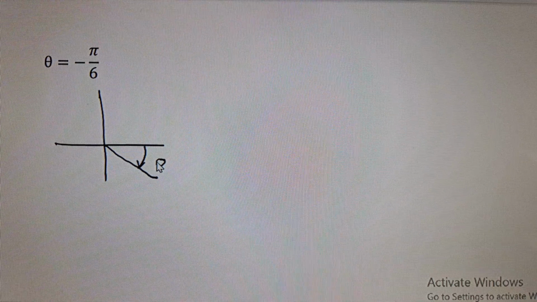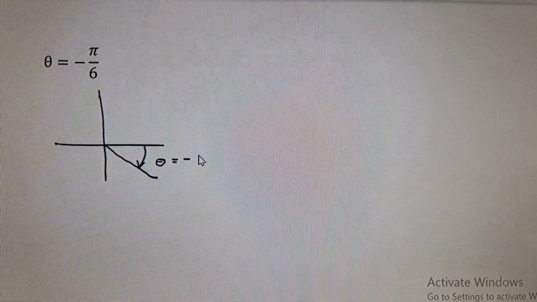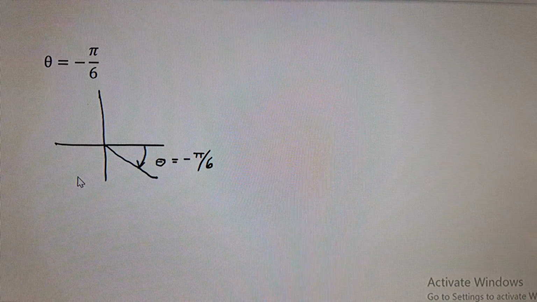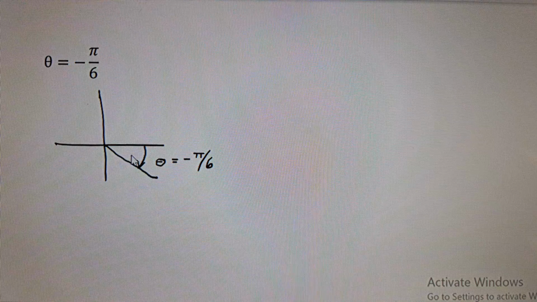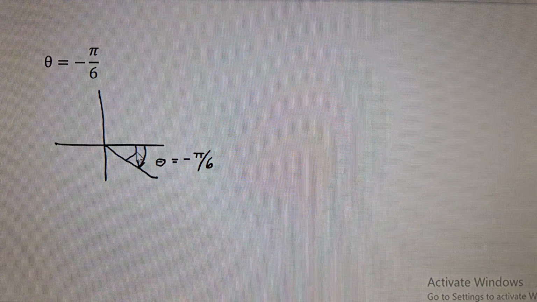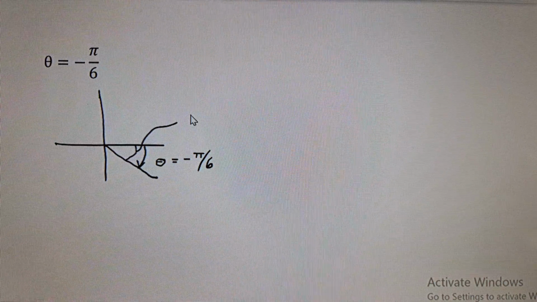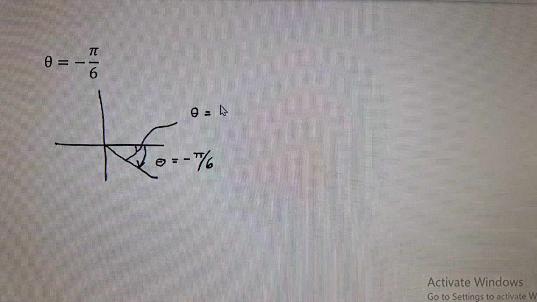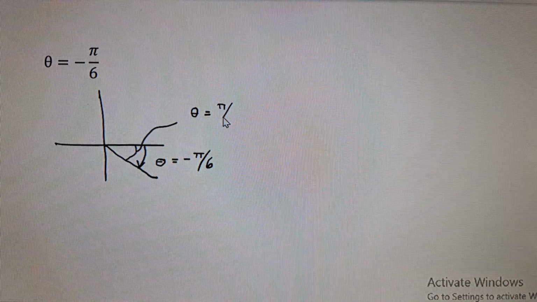Theta is equal to minus pi over 6. Well, what's the reference angle? The reference angle is this angle, isn't it? As well. But that angle is equal to pi over 6.